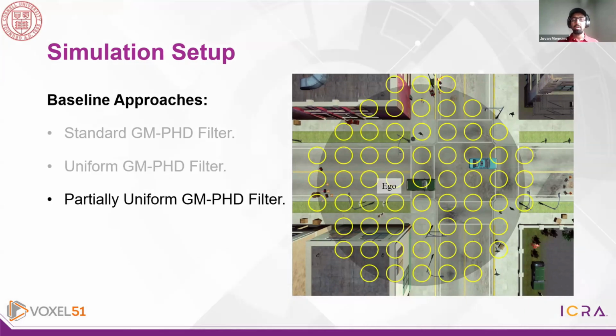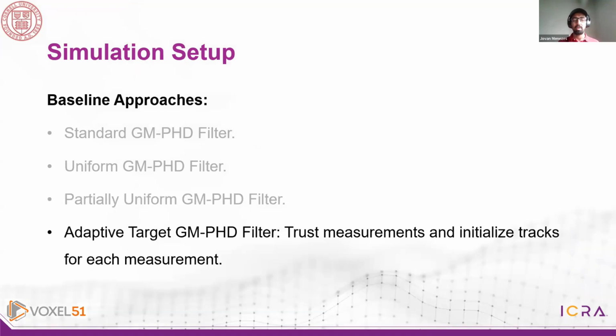Then we have the partially uniform, which is a downsampled version of the uniform PHD filter, wherein for the observable states, we uniformly distribute the birth hypotheses, and for the unobservable states, such as velocity or heading, we may use a priori information. Again, over here, we have a lot of unnecessary birth components, which can result in a lot of delays and reduce tracking performance.